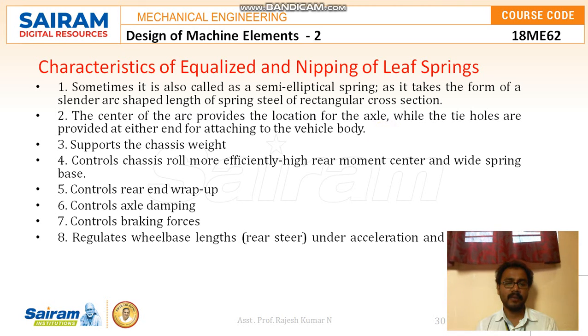The center of the arc provides the location for the axle, while the eye holes are provided at either end for attaching to the vehicle body. It supports the chassis weight, controls chassis roll more efficiently, and controls axle damping, braking forces, and wheelbase length.